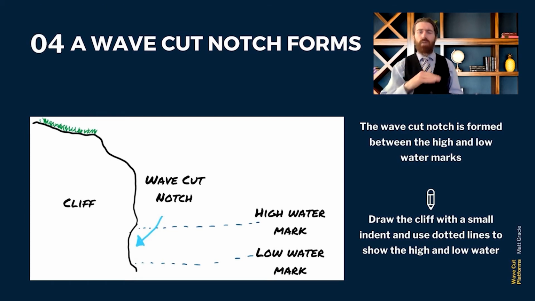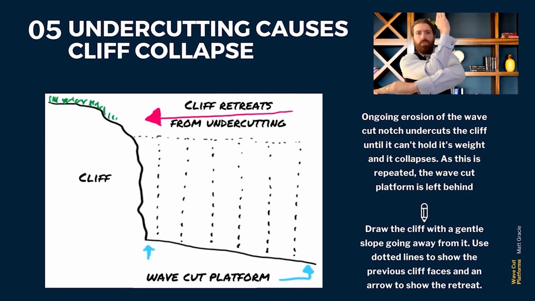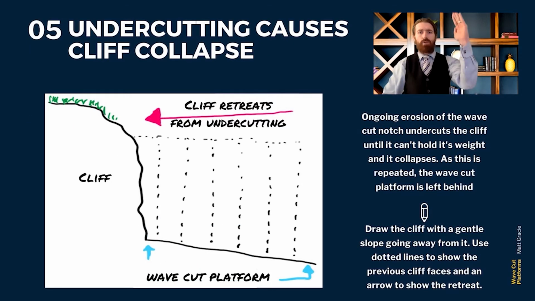And over time, that undercut is going to mean that the cliff cannot hold its weight anymore, and it will collapse. And as my cliff starts to collapse, collapse, collapse, it leaves behind it this wonderful big platform out in front. My cliff with a big platform out in front because it's collapsed successively over a long time, leaving the wave cut platform.